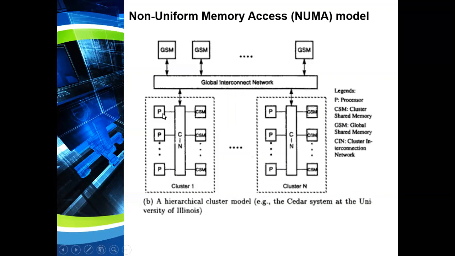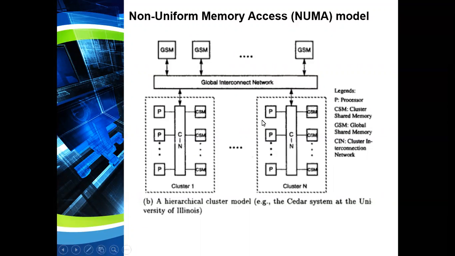You follow? Through the CIN, the processors, that means the cluster, are allowed to access the GSM. Mind it, no processor is allowed to access the CSM of another cluster. There is no connection here.